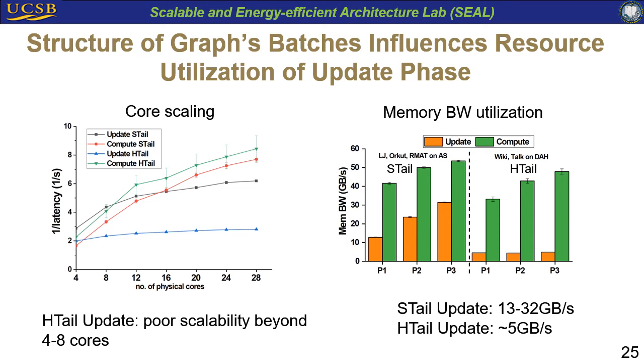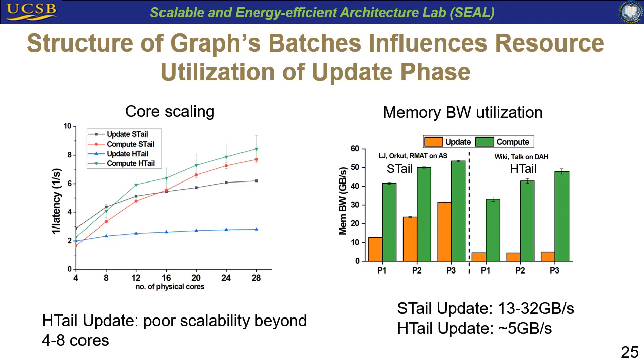Compared to the S-tail category, we observe that the H-tail update phase shows even poorer scalability. In fact, the performance scalability for the H-tail category dies beyond 4 to 8 cores. In comparison, the S-tail update phase shows slightly better performance scalability up to a higher core count.